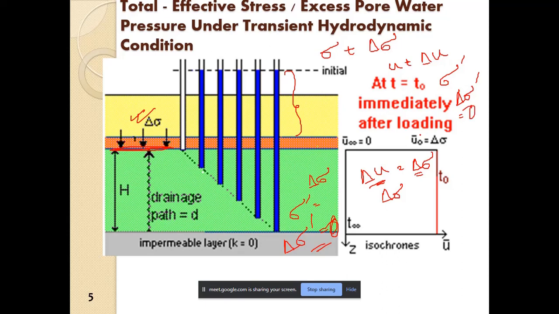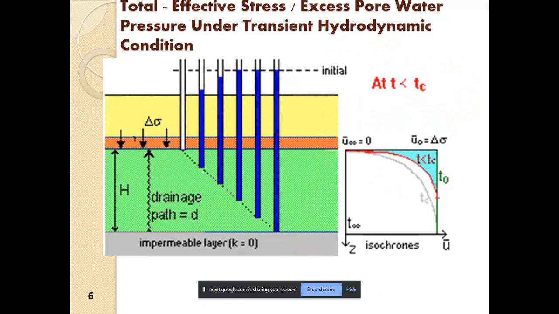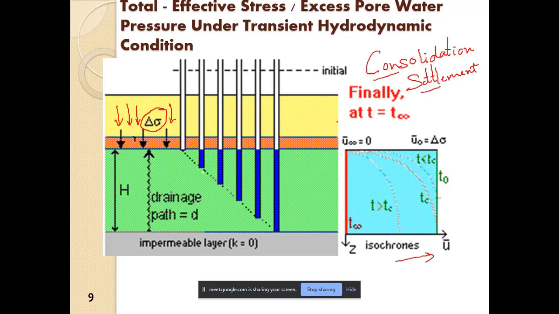But with time, what will happen is that this delta U, the increase in pore water pressure, slowly ultimately it will revert back to the original state. So now in this case we have delta U equal to 0.